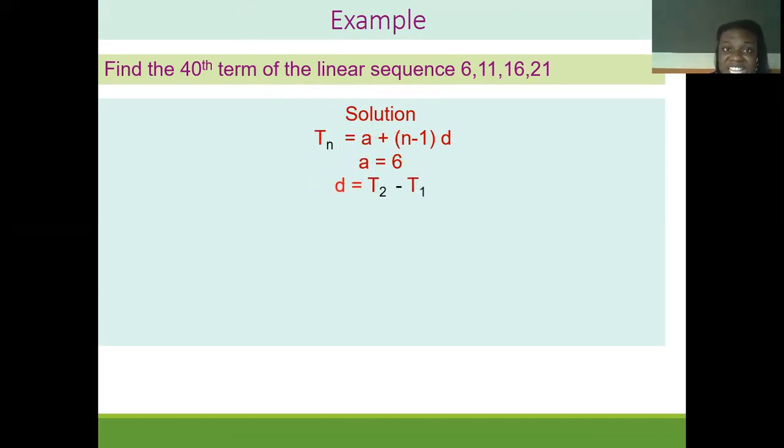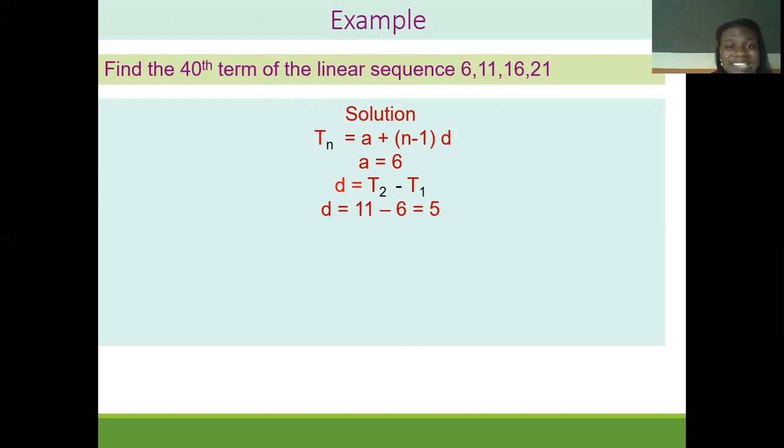And then D, a common difference, is T2 minus T1. That's second term minus the first term. Or you can use third term minus the second, it doesn't matter, but let's stick with T2 minus T1. So D here becomes 11 minus 6, which gives us 5. So our D is 5.